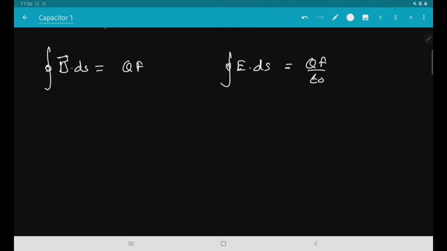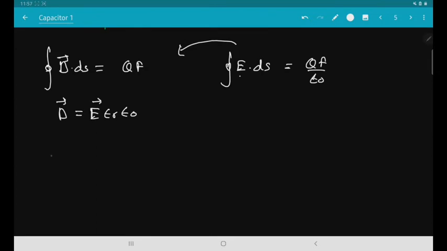As you know, the same equation for E dot dS is QF divided by epsilon naught. When we are applying it for the displacement vector, we just do not take that epsilon naught. And for linear dielectrics, we know that the displacement vector is equal to the electric field E into epsilon naught into epsilon r, that is the relative permittivity.